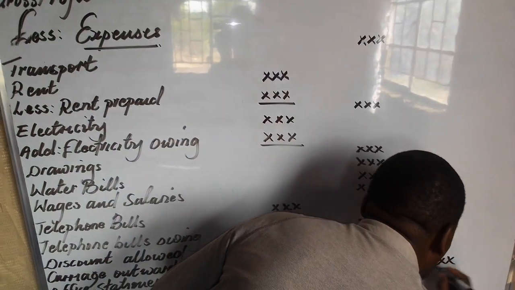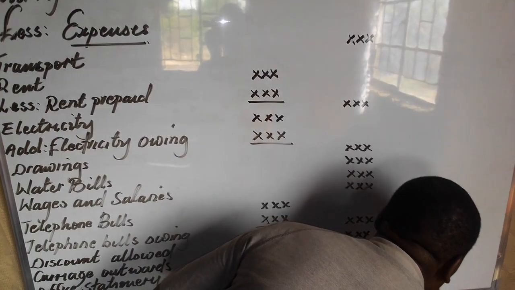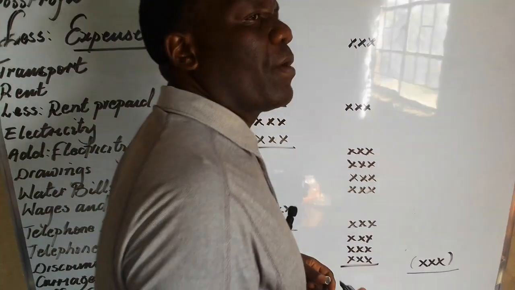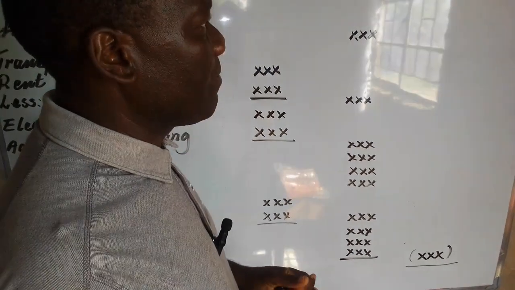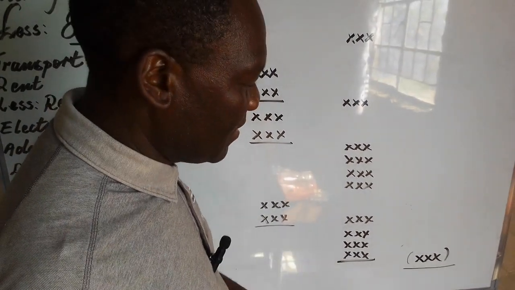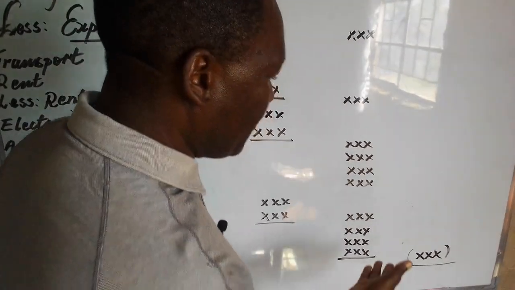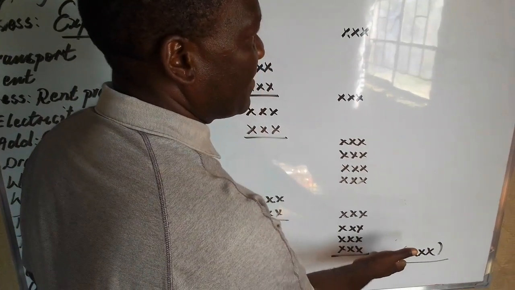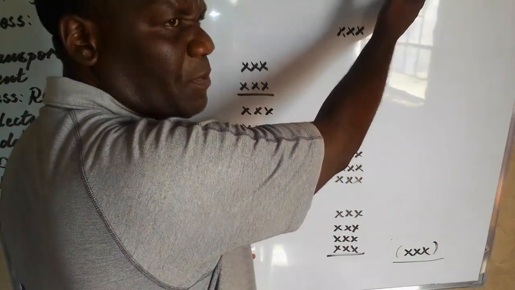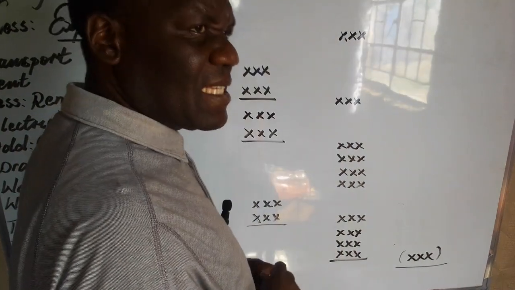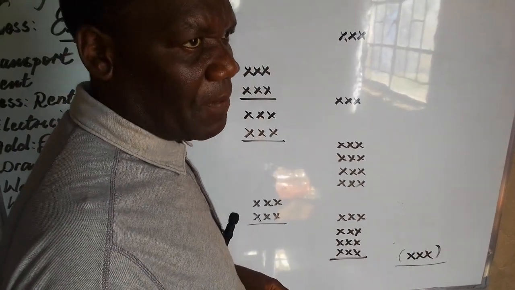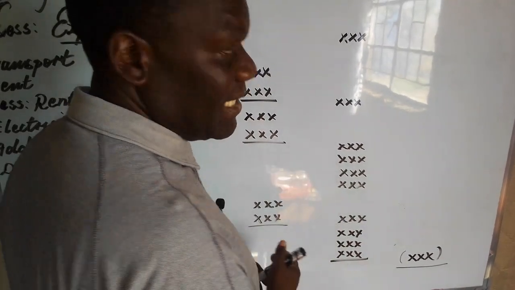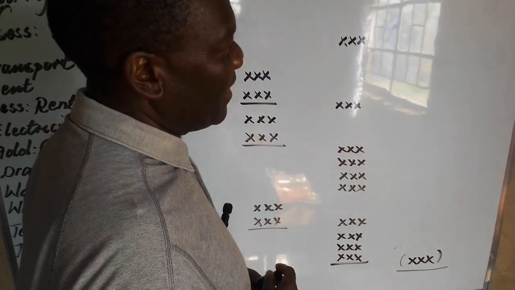Why? We want to see whether for this accounting period you made a loss or a profit. When you subtract the total expenses from the gross profit, if the answer is positive, then you have made a profit. But if the answer is negative, then you have made a loss.